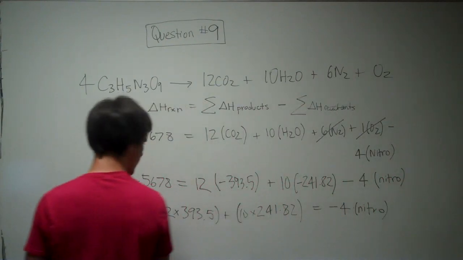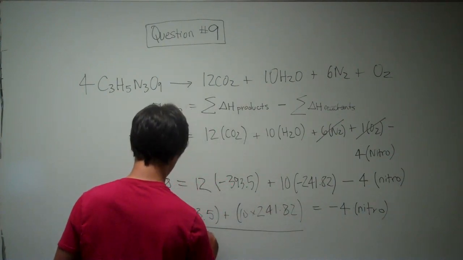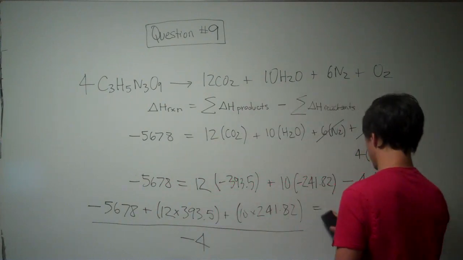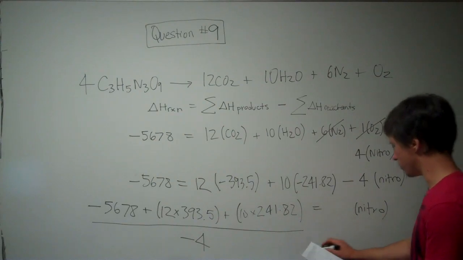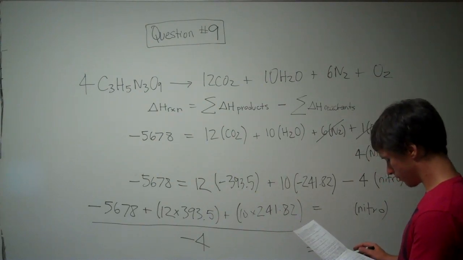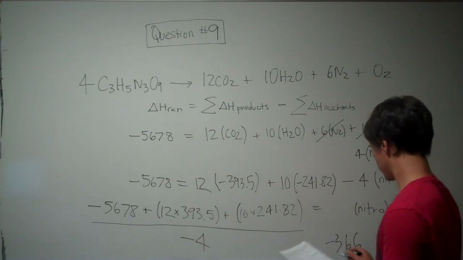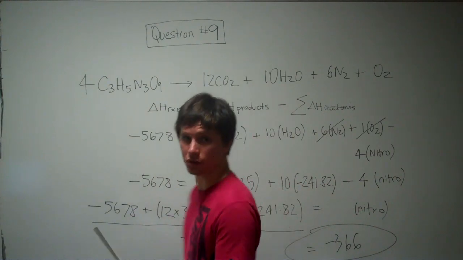So if you add all this up, then divide it by negative 4, then you will get the delta H for nitroglycerin, and that should be equal to negative 366, which is answer choice 4 on your test.